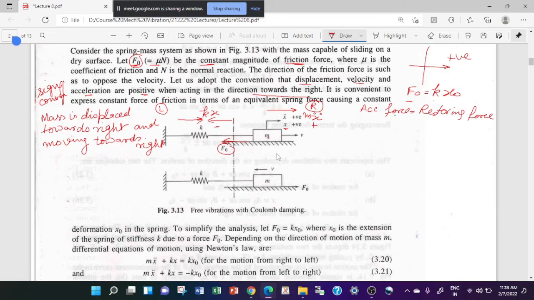So in this way, you can say mx double dot is equal to, you have to consider this direction here, because it is attached to mass, it is attached to the support. So here you are having a minus kx minus f naught. So you are having mx double dot plus kx is equal to f naught. This is the equation of motion when system moves from left to right.